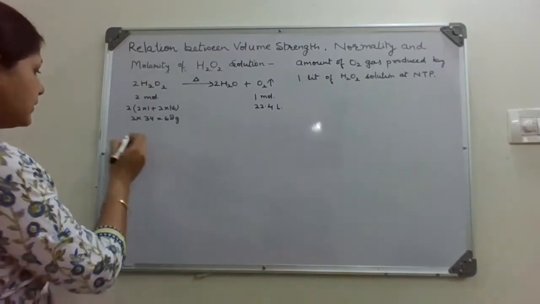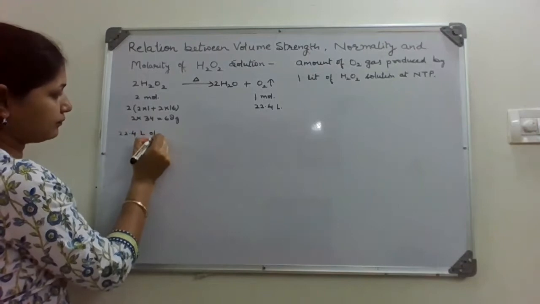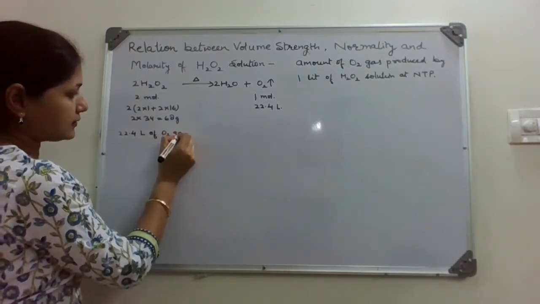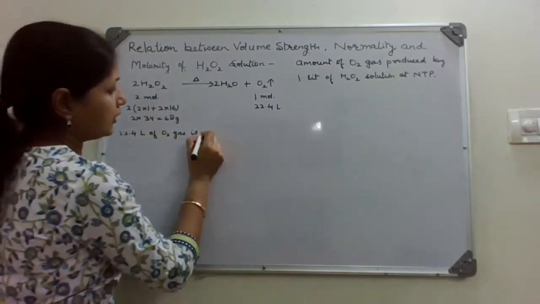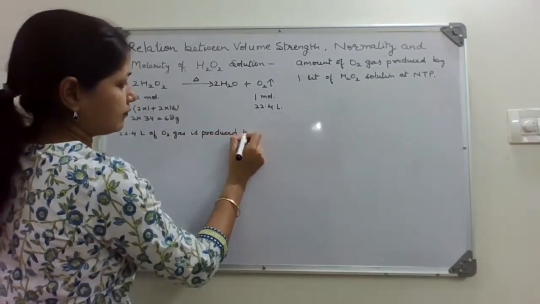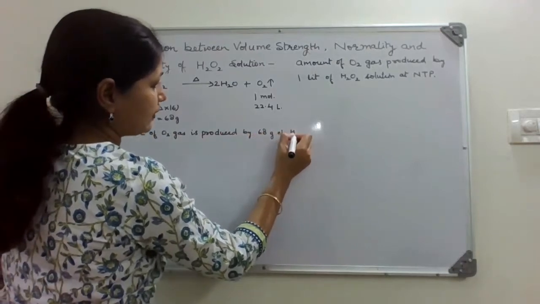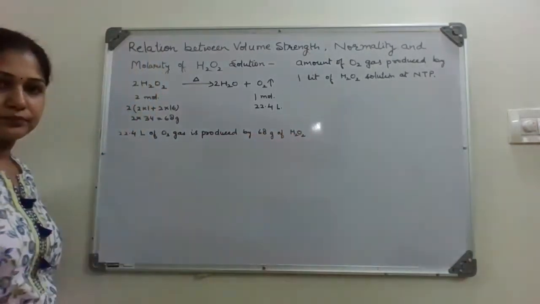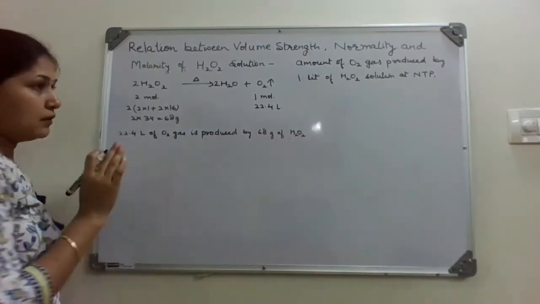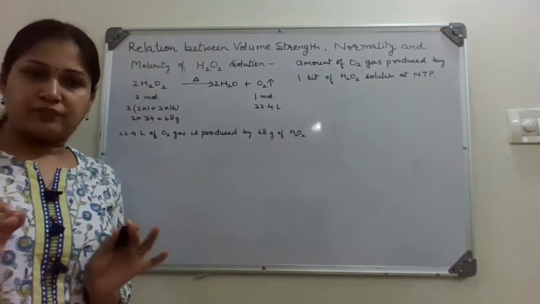So this we can write as 22.4 liter of oxygen gas is produced by 68 grams of hydrogen peroxide. Suppose we are considering the amount of oxygen VO.